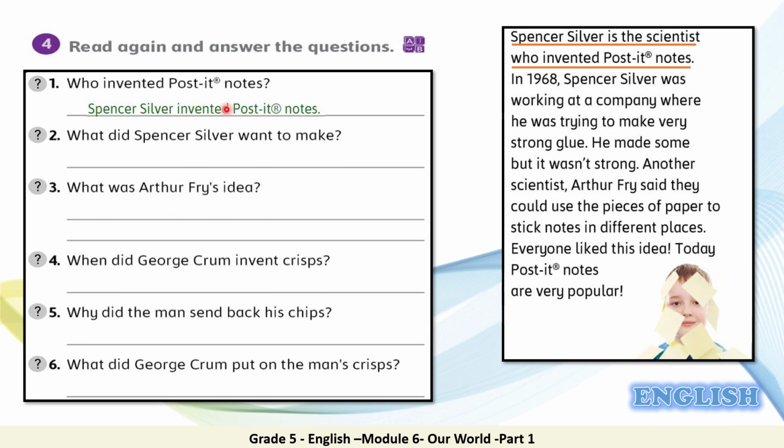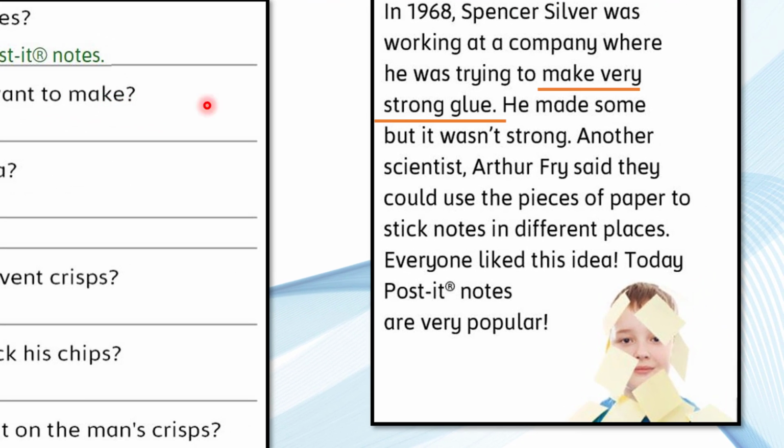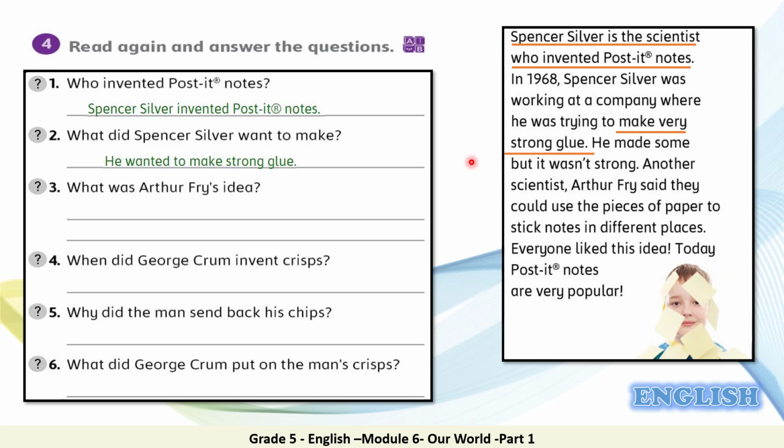So the answer is Spencer Silver invented post-it notes. Number 2. What did Spencer Silver want to make? Look here in the text. He was trying to make very strong glue. This is the answer. He wanted to make strong glue.